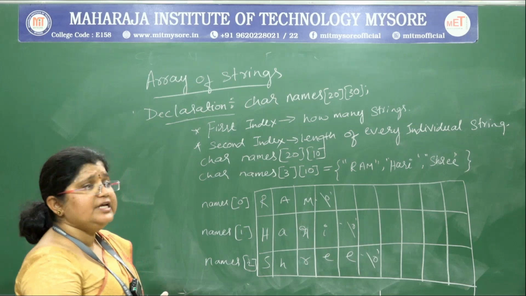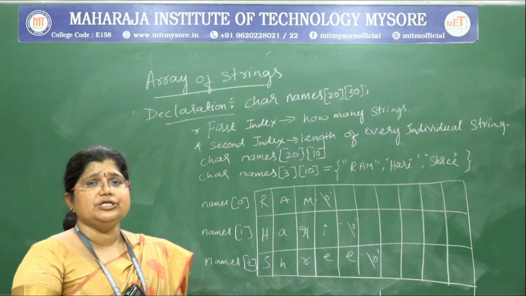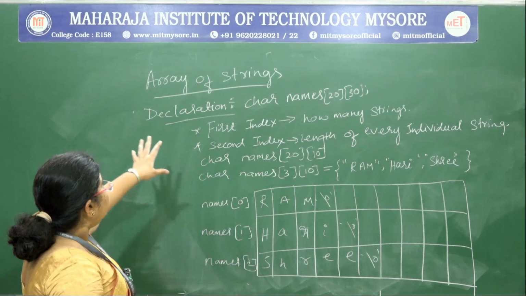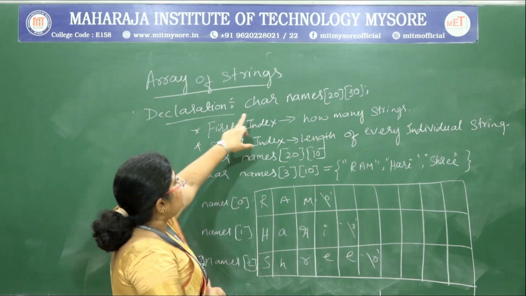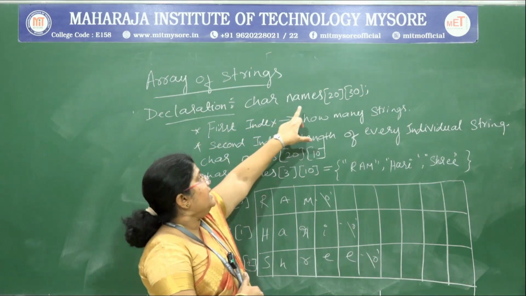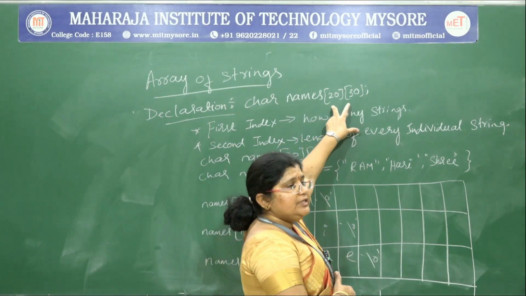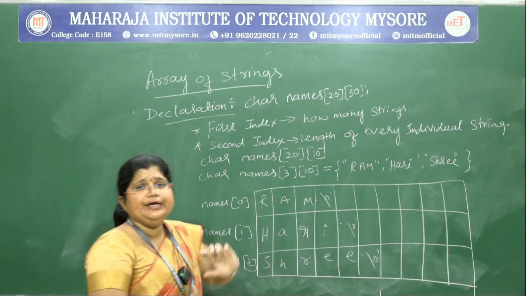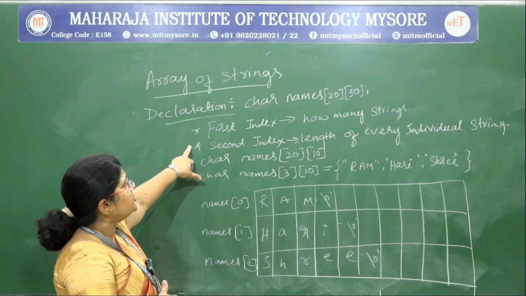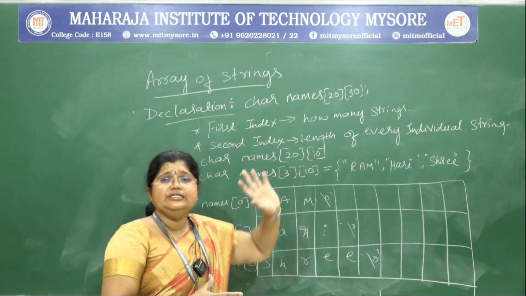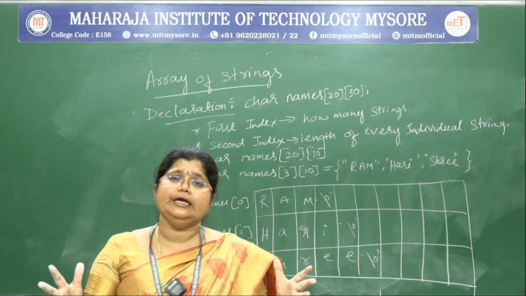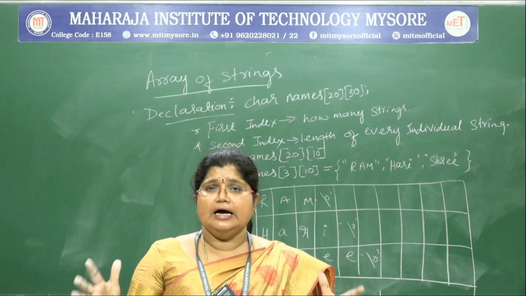So now the first thing is, let us look at the declaration of an array of strings. Declaration here is character, name of the array of strings and two indexes. In these two indexes, the first index refers to how many strings must be stored in the complete array.